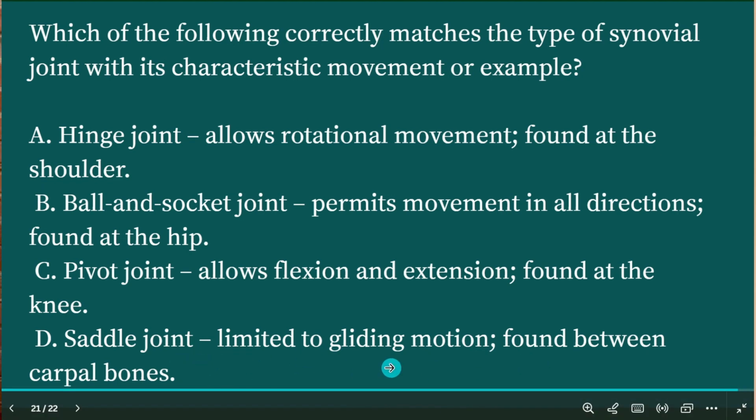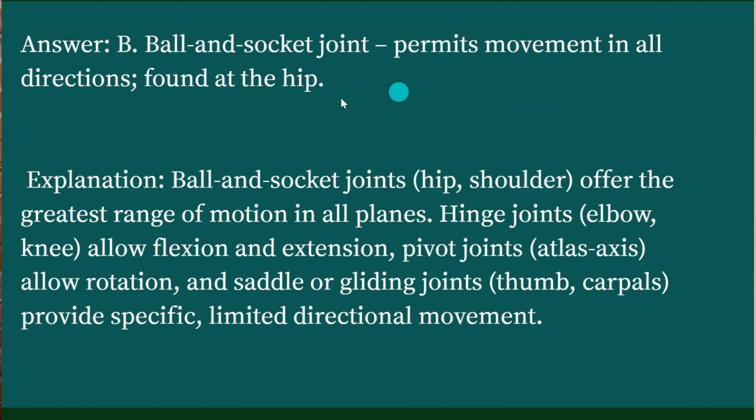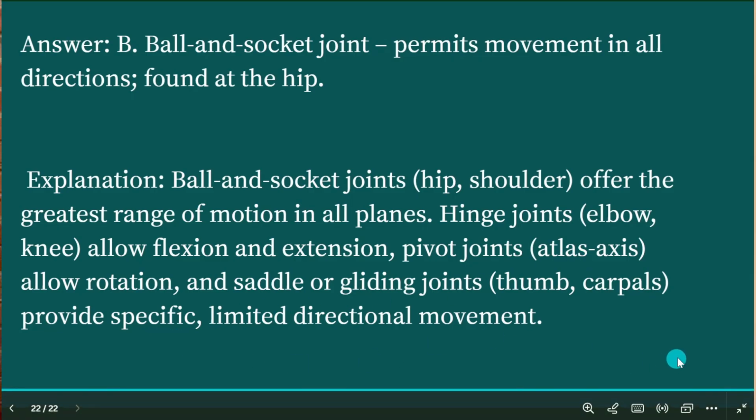That's close, but it is not limited to gliding motion. It does all the motions except rotation. So B, ball and socket joint found at the hip, permits movement in all directions. And then there's an explanation there, and that's where we're going to leave off.